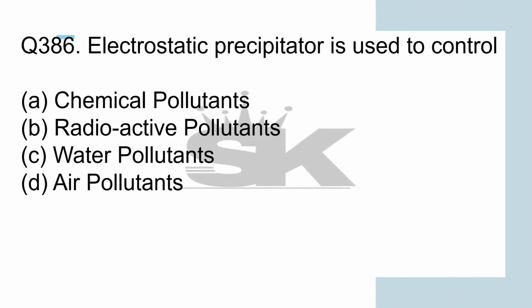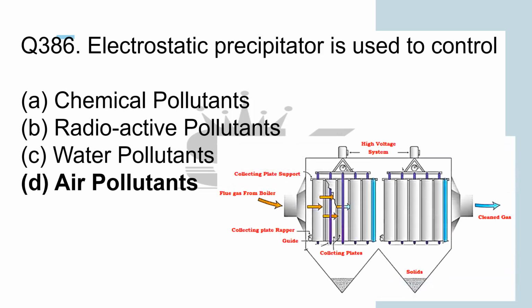Electrostatic precipitator is used to control air pollutants. You can see in the picture, electrostatic precipitator is also called an electrostatic air cleaner. A device that uses an electric charge to remove certain impurities, either solid particles or liquid droplets, from air or other gases in smokestacks and other fluids.